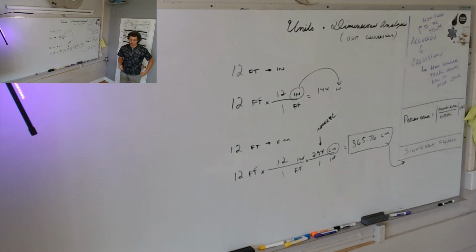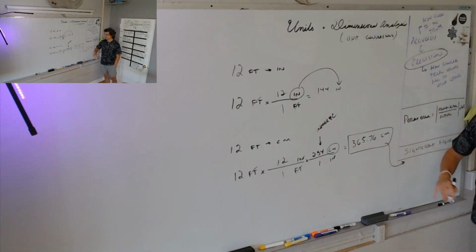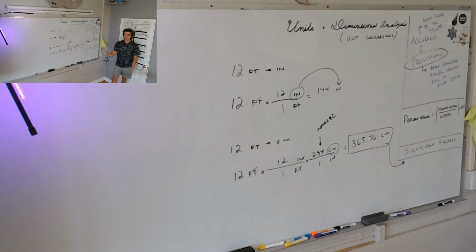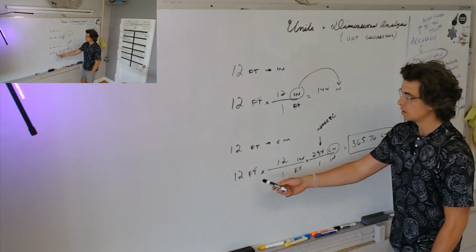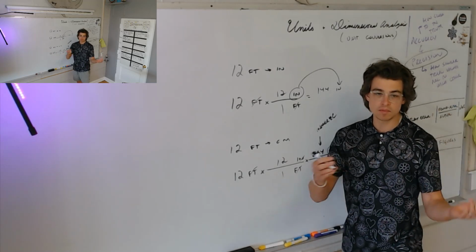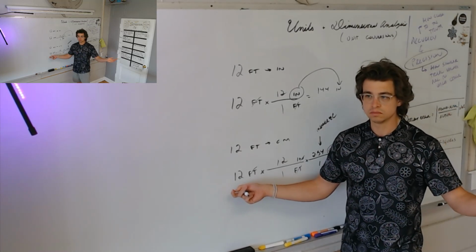Significant figures. The point of using significant figures is that we want to have the same level of precision in our answer as we do in the given. We want it to indicate the same level of measurement. So that is to say, if we measured something to be 12 feet, what if it was 11 feet and 10 inches?